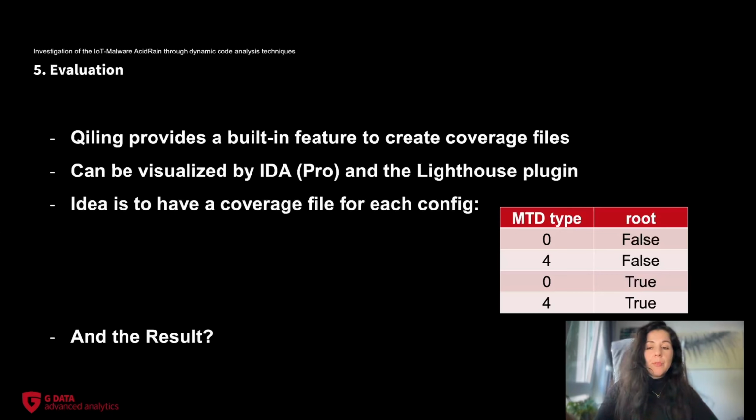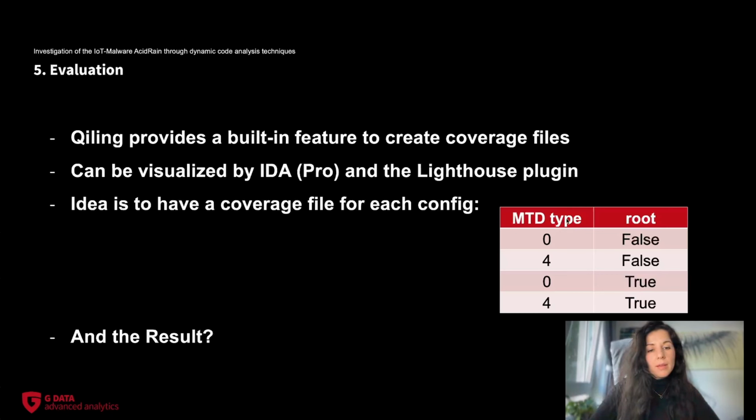For me, it was important to run AcidRain with different configurations, like I said before, with different storage device types like character based, the flash device, or the block device, the SD cards.